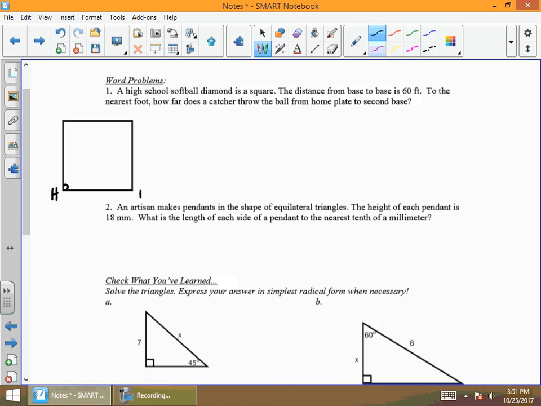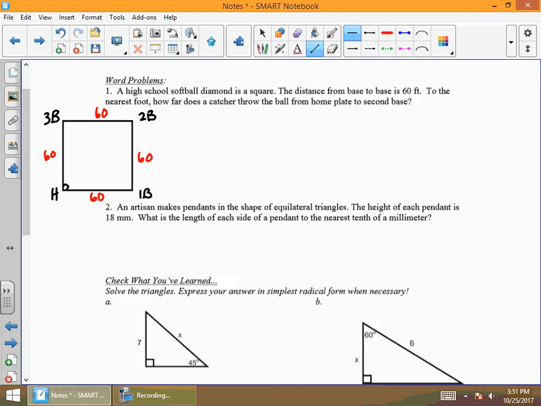All right, and I go down here, this is first base, and I go up here, and this is second base, and I go over here, and this is third base. And it says the distance from base to base is 60 feet. Okay, so this is 60, 60, 60, 60. To the nearest foot, how far does the catcher throw the ball from home plate to second base?